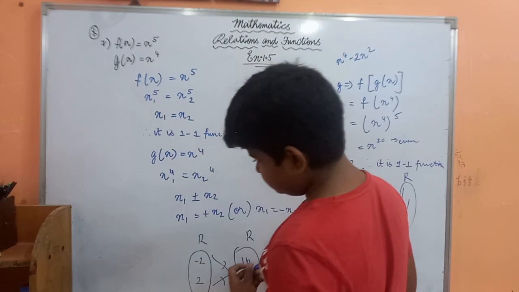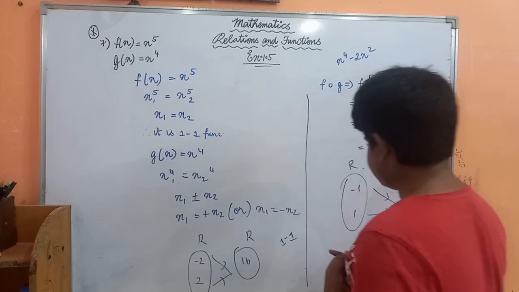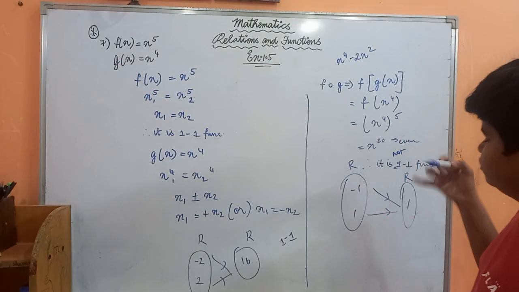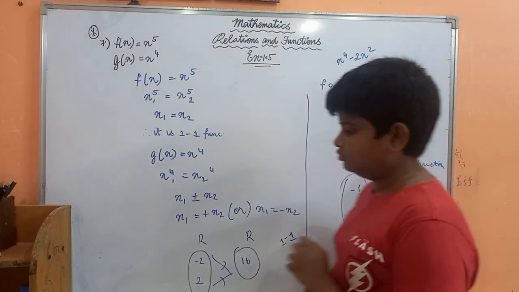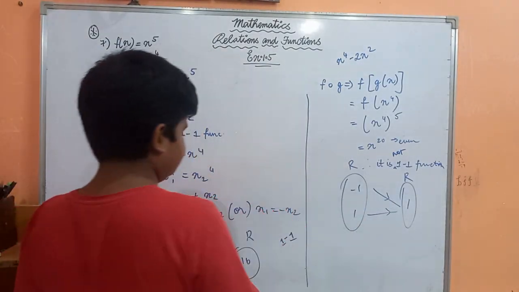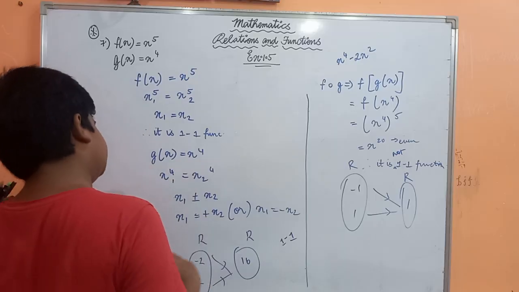Okay, so this is one-to-one. It is not one-to-one, so this is one-to-one. Because both are here as well as both are here. It should be, though, I don't know why.